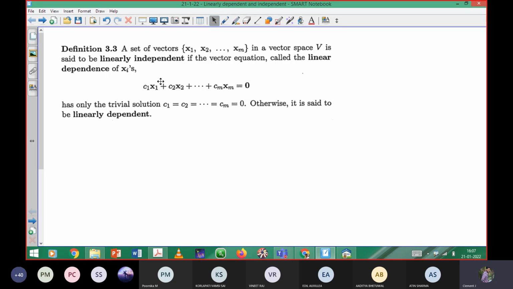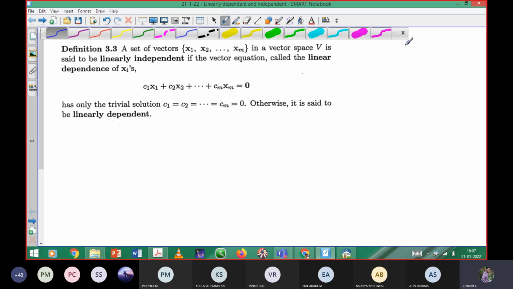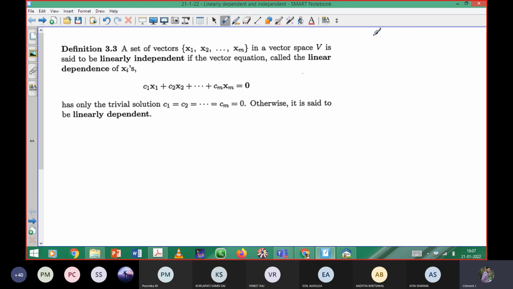So let us recall the definition already discussed. Listen carefully, very easy one. If you understand the definition itself, it is quite easy to get into the problems. You are provided a set of vectors of the vector space V. If they are linearly independent, it has to satisfy one condition.